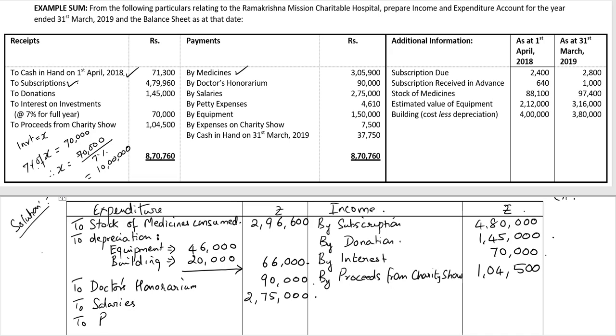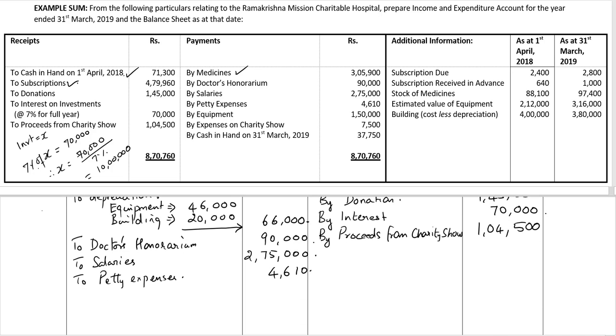Petty expenses, ₹4,610. The equipment is a capital expenditure. It will affect the closing balance sheet. And finally, to expenses on charity show, amount 7,500 rupees.